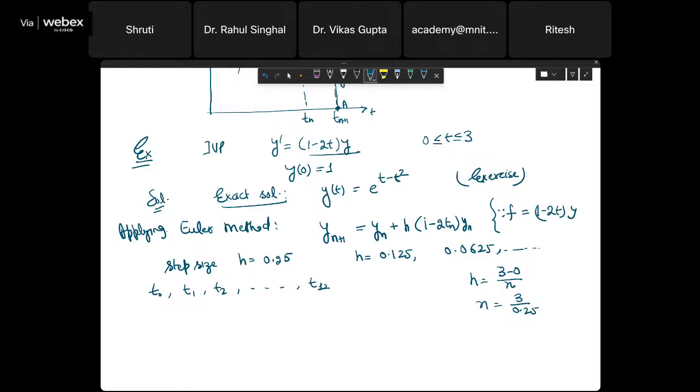That gives you 12 intervals, so n will run from 0 to 12.